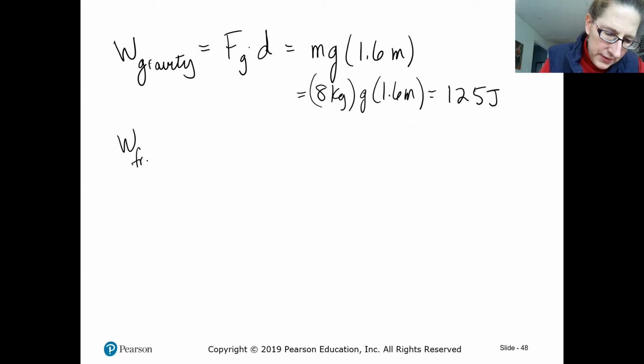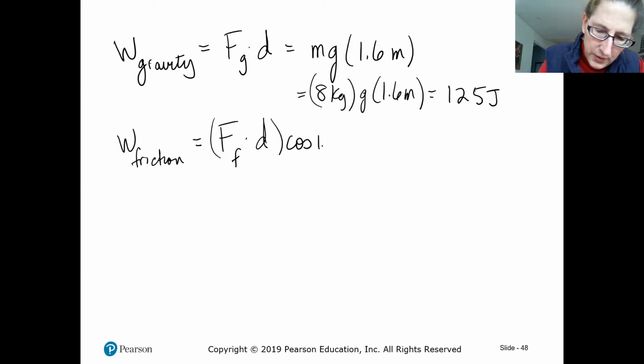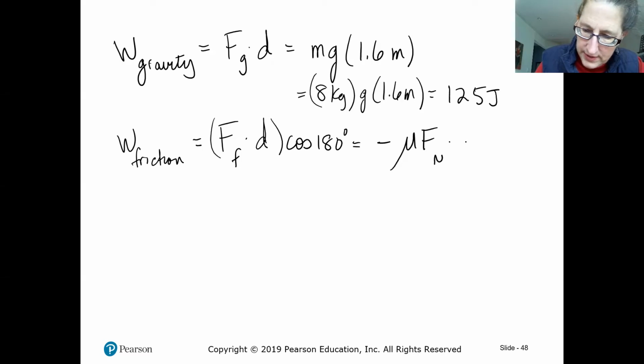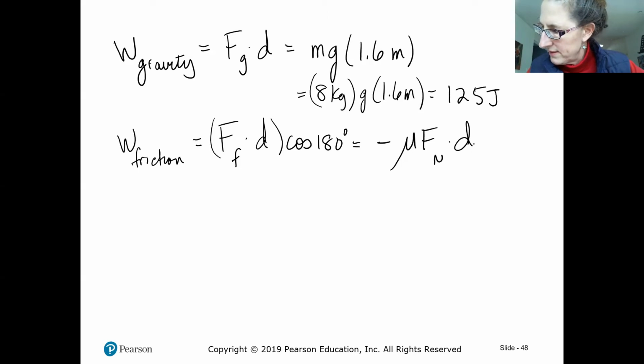Okay, friction is the force of friction times that same displacement, but it's a negative number, cosine of 180. So this is negative mu Fn times d, because force of friction is mu Fn and d is the distance along the incline. Whereas here I'm going to use the 2 meters. Remember what the normal force is on an incline?